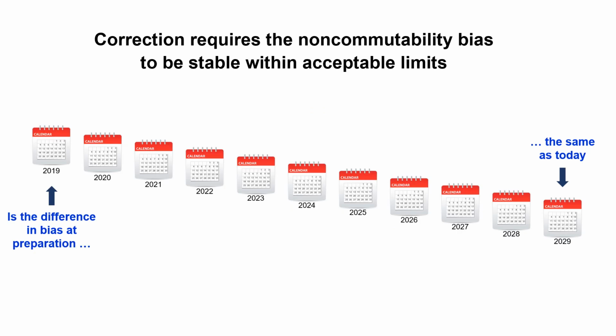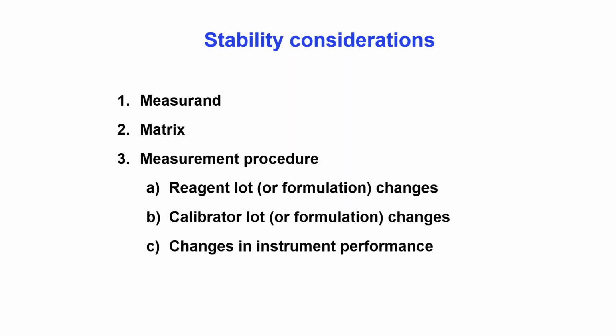Now, the correction requires the non-commutability bias to be stable within acceptable limits over time. Meaning, is the difference in bias that was observed at the preparation of the material the same as it is today, some number of years later when that material has been stored?